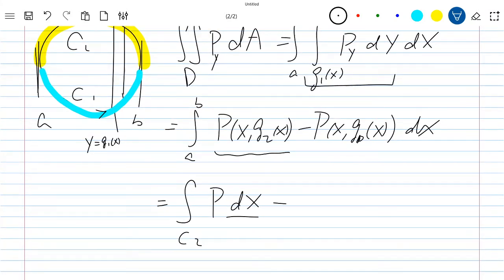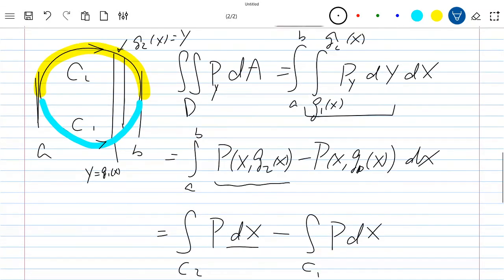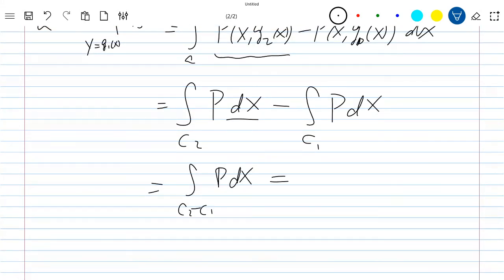So you have that minus the integral over C1 of P dx, and if you put them together, you get C2 minus C1. What is C2 minus C1? It means you go this way, then followed by negative C1. So that's your loop. But that loop is clockwise, so it means it's negative counterclockwise. So here's the proof.